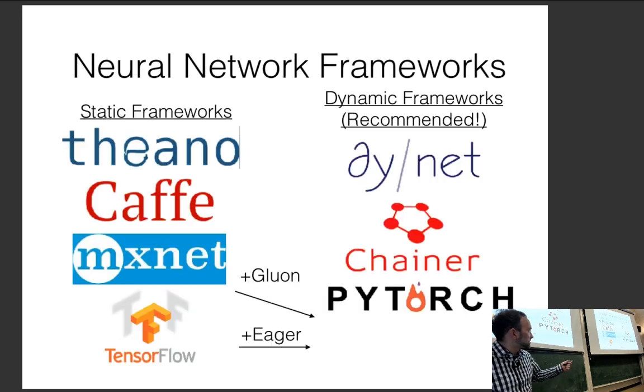The reason why I mentioned this is that PyTorch is a dynamic framework with eager execution. TensorFlow Eager is dynamic with eager execution. TensorFlow Session is static with lazy execution. Dynet is dynamic with lazy execution. Dynet is a framework that we made.